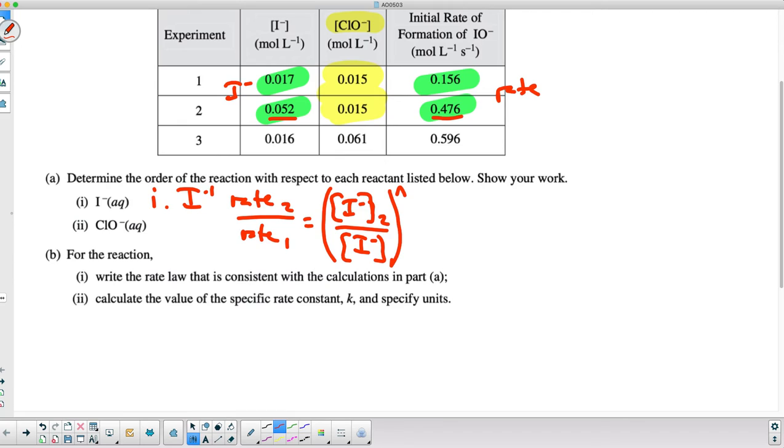When I plug in the numbers, I get 0.476 divided by 0.156, which equals 3.05.